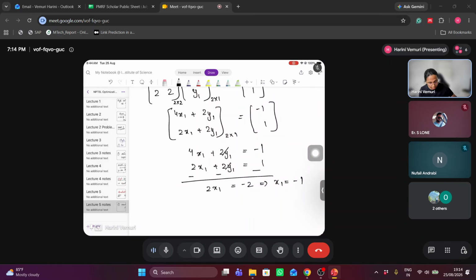Similarly, substitute this in the first or second equation. So 4 into minus 1 plus 2y1 equal to minus 1. So 2y1 equal to 3, y1 equal to 3 by 2.